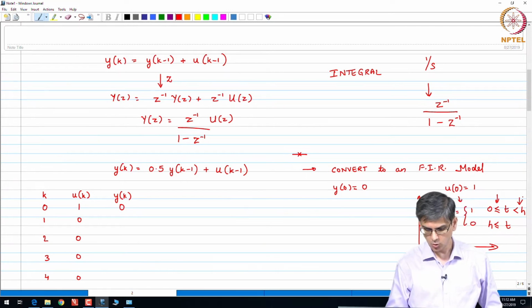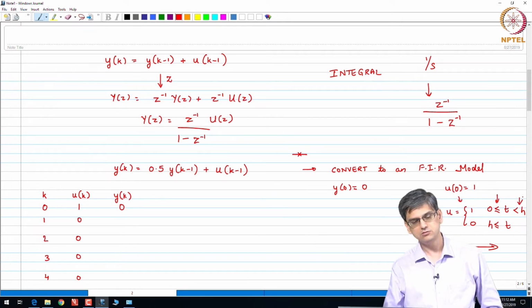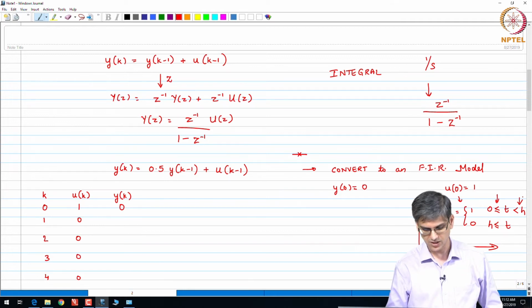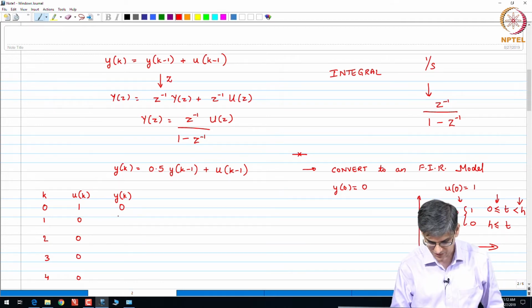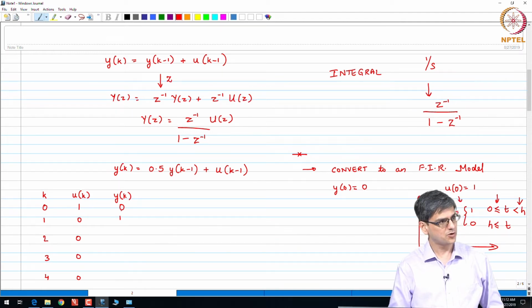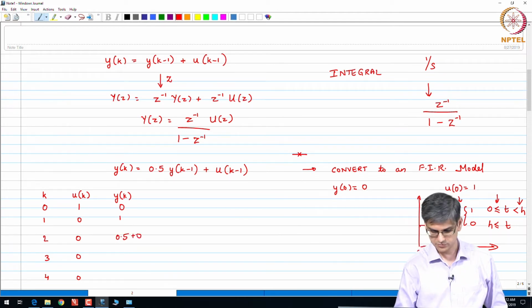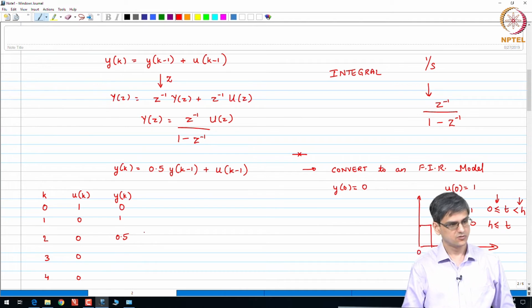So, what is y1? y1 is 0.5 multiplied by y0 plus u0 which is 1. So, y1 is 1. What is y2? y2 is 0.5 multiplied by y1 which is 0.5 plus 0, which is 0.5. What is the next item?